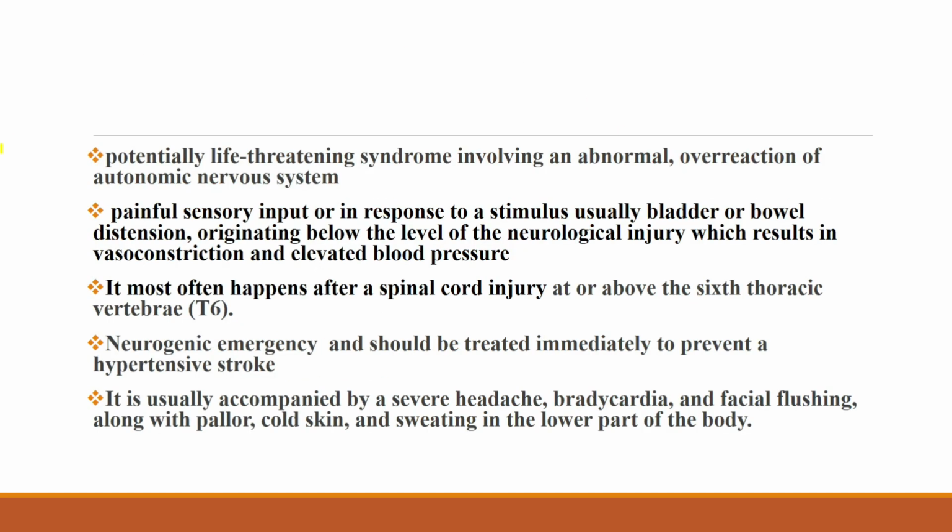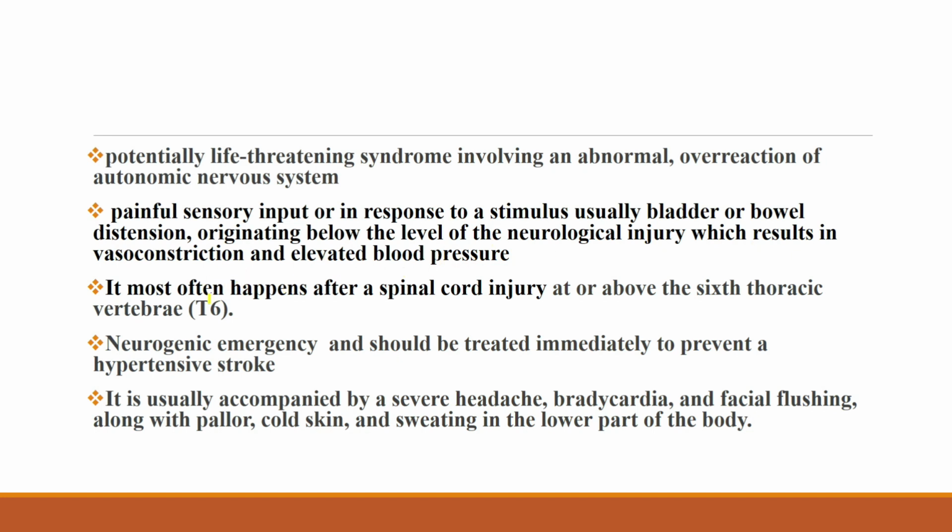Autonomic dysreflexia is a potentially life-threatening syndrome involving an abnormal overreaction of the autonomic nervous system. What is happening here is that there will be a painful sensory input, or it occurs in response to a stimulus, usually bladder or bowel distension, and it usually originates below the level of the neurological injury, which will result in vasoconstriction and elevated blood pressure.